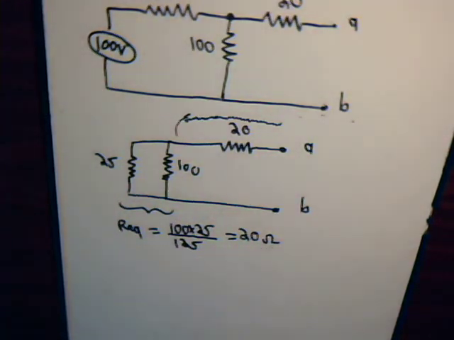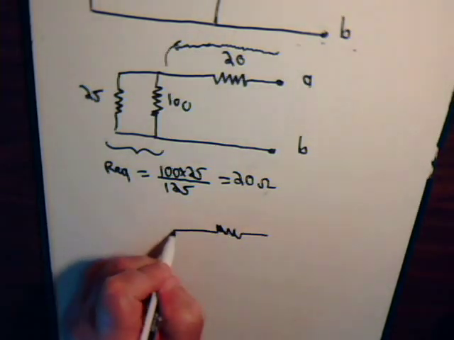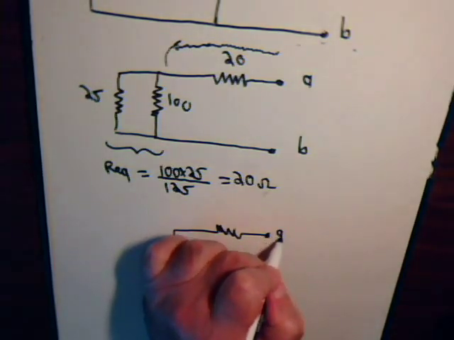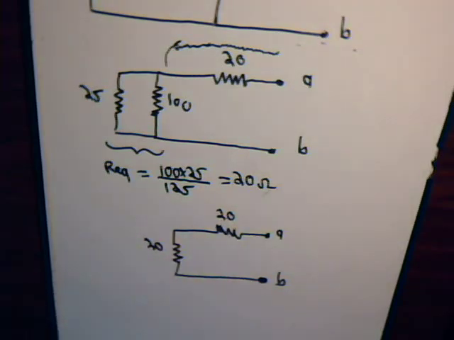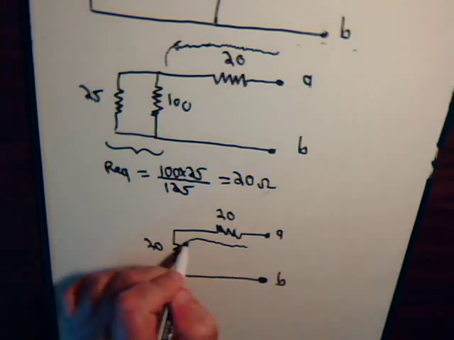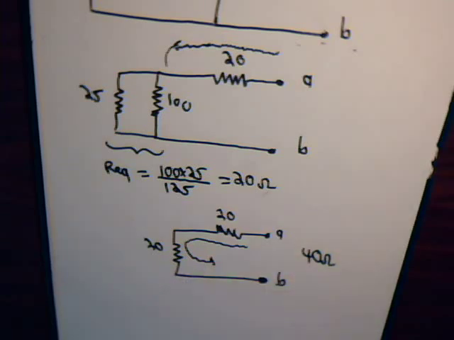So here then we have a 20 ohm resistor and a 20 ohm resistor. Imagine a potentiometer being hooked across here, putting out a small trickle of current, it would see a total resistance of 40 ohms, which is what we determined a few minutes ago.